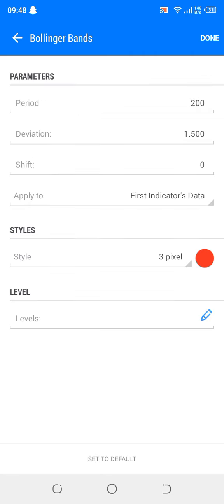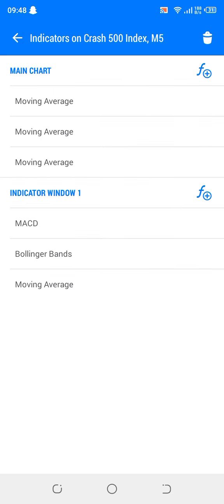Then you go on the Bollinger Bands: period 200, deviation 1.5, shift 0, apply to first indicator's data, style you choose as well. On the moving average: period 2, shift 0, method exponential, apply to first indicator's data, style of your own choice. This is the indicator window for the MACD.